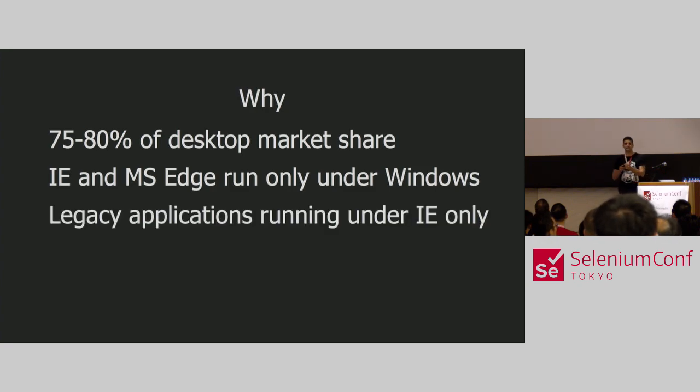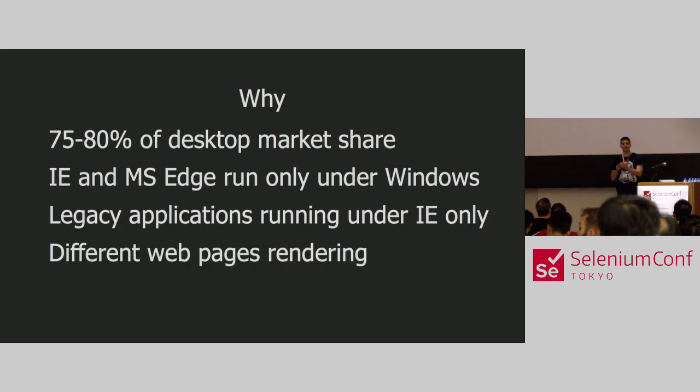In big companies, especially banks and governmental organizations, there are a lot of legacy web applications using ActiveX and similar technologies, and thus strictly requiring Internet Explorer to test them.